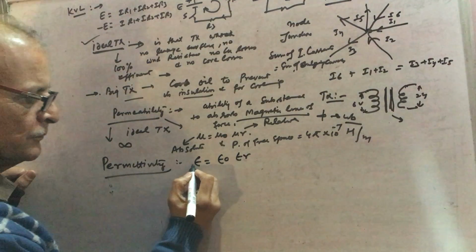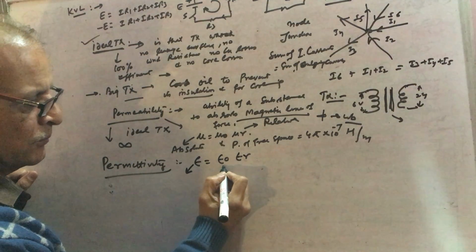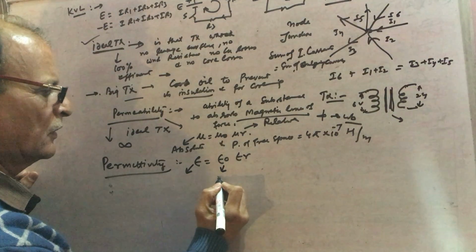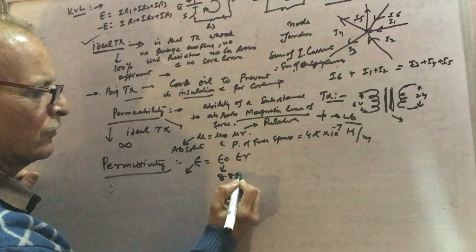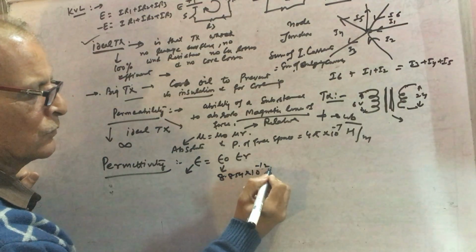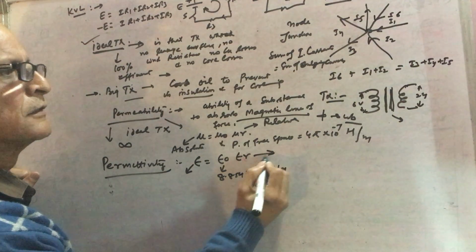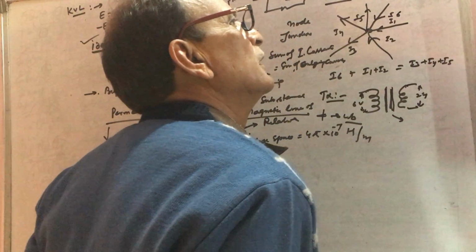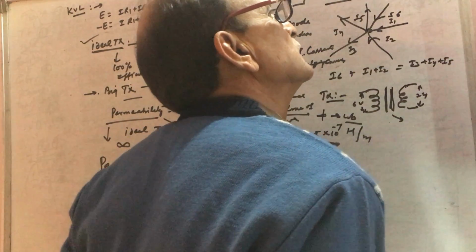This is known as absolute permittivity of free space, and its value is 8.854 into 10 to the power minus 12 farad per meter, and this is relative permittivity. So this is related to electrical circuits.